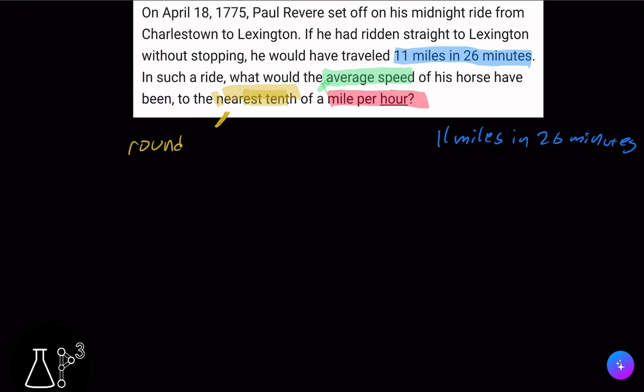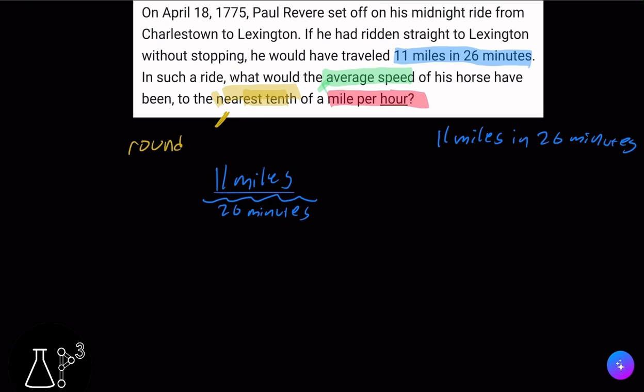So I'm going to rewrite 11 miles in 26 minutes as a fraction: 11 miles per 26 minutes. What we can do is convert minutes into hours as we did in the first question.